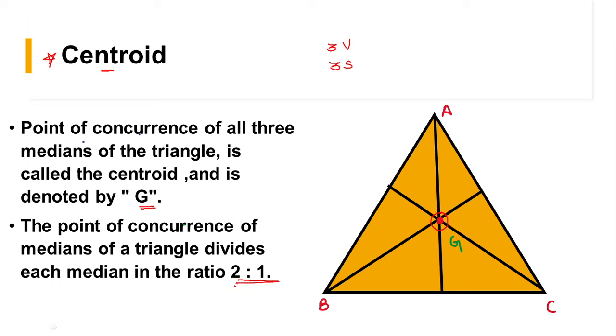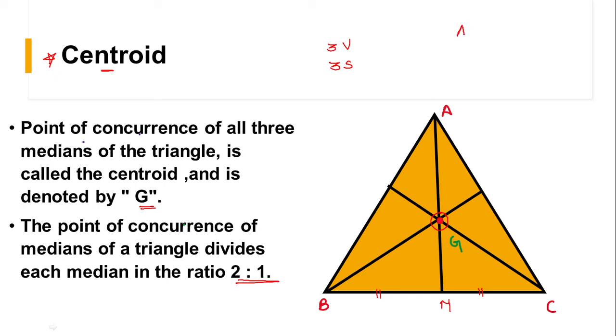Very important property, children. In 10th standard also you need to use it. The point G will divide the median in the ratio 2:1. Let me take an example, AM. M is the midpoint of BC, so BM and MC are equal.